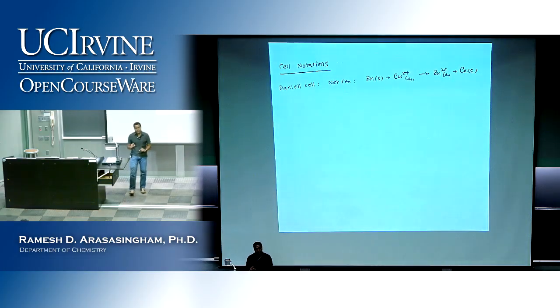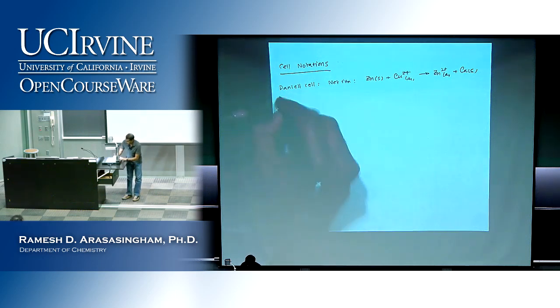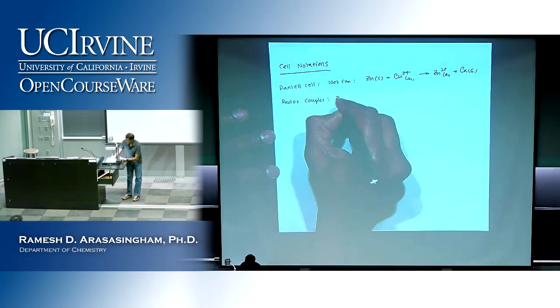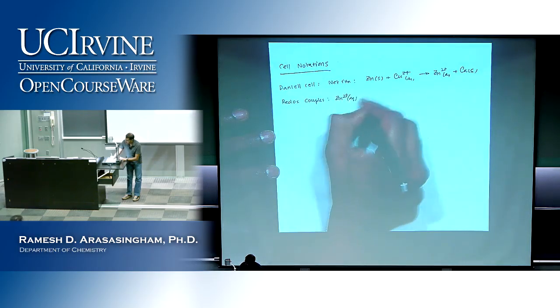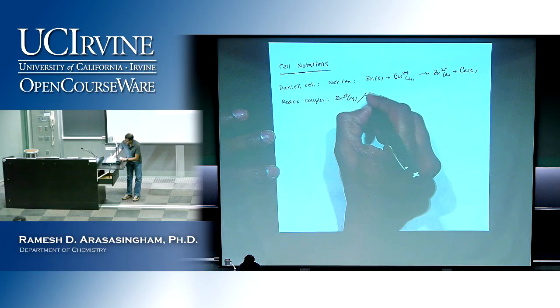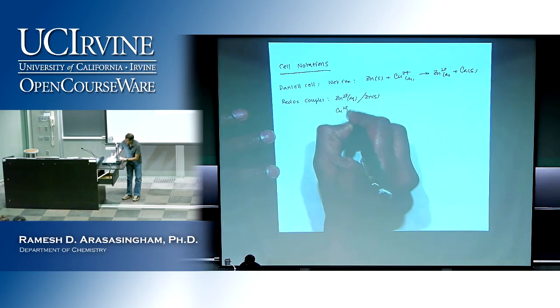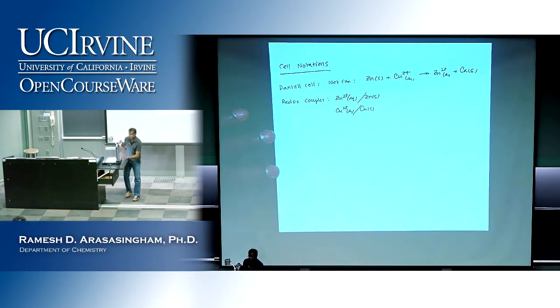And in this reaction, the redox couples are, we have the oxidized form first, so the zinc 2 plus aqueous, we use a diagonal line, and then zinc solid. And we have copper 2 plus aqueous, copper solid. That's the redox couple. All right?